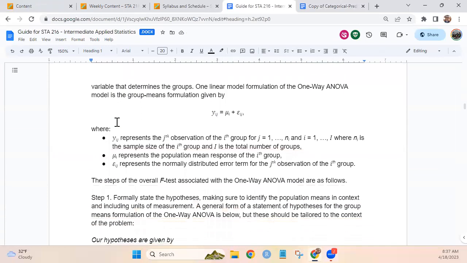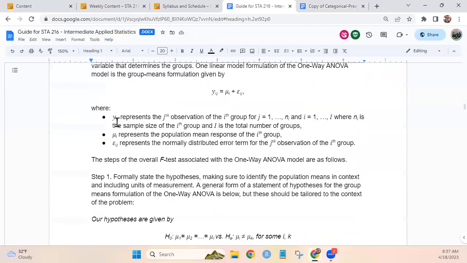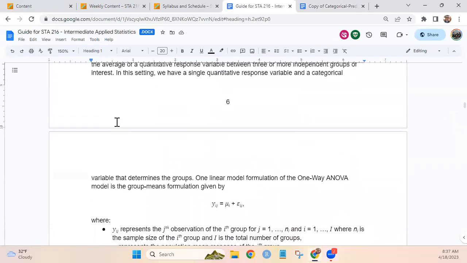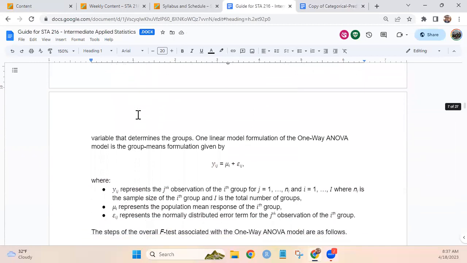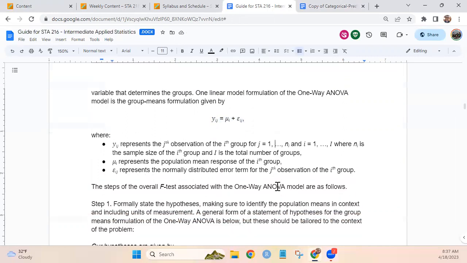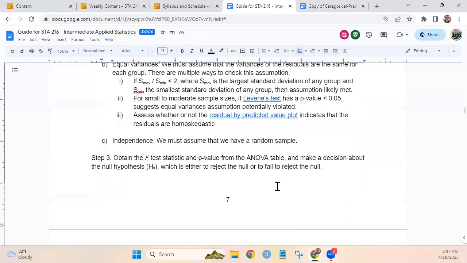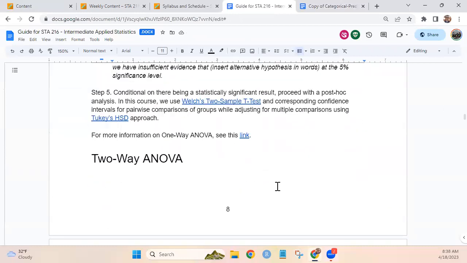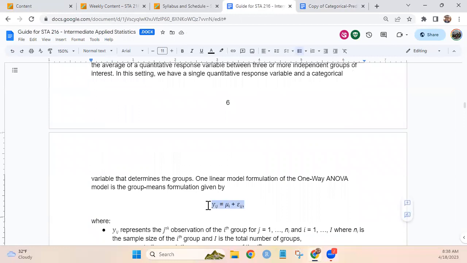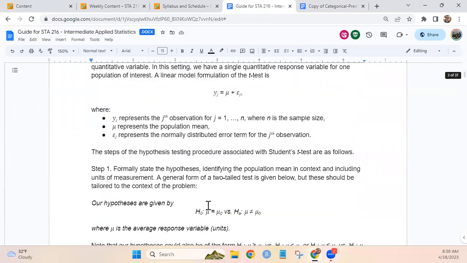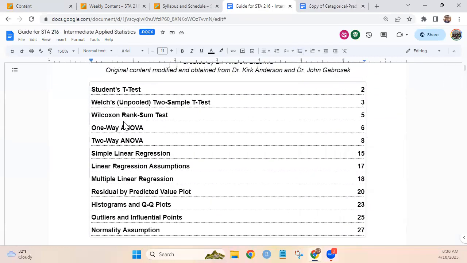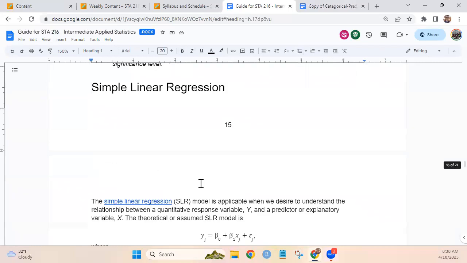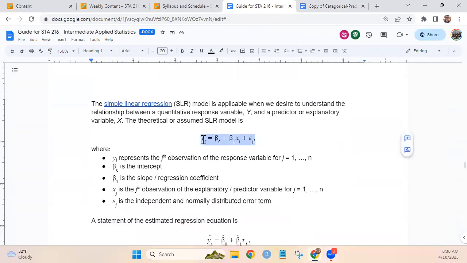So ANOVA way back when, we talked about how you can formulate the one-way ANOVA model in terms of a linear model, like this. Which looks very similar to a regression model, actually. And that's not a coincidence.